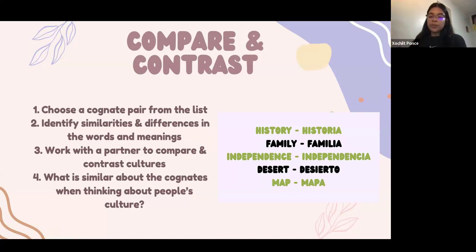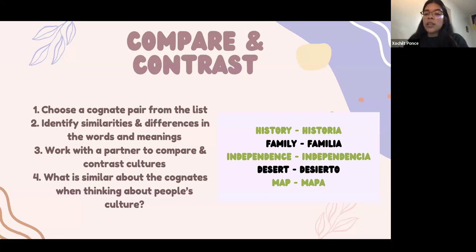I can share. Perfect. For history, each culture has their own histories that they celebrate. For example, here in America, we celebrate the 4th of July, and it is to celebrate the American independence. And then in Mexico, we celebrate Mexican independence in September.